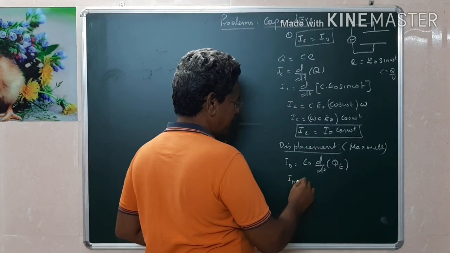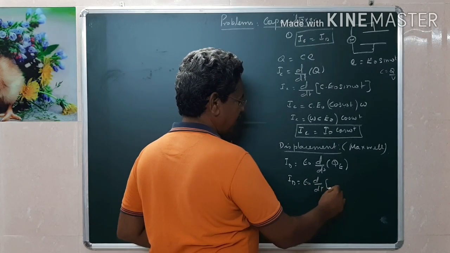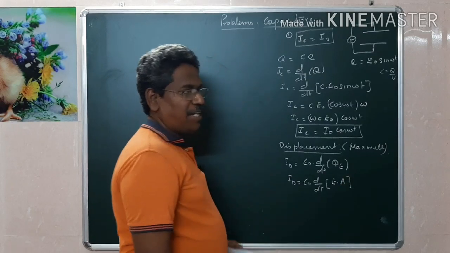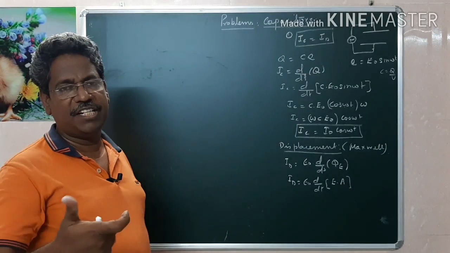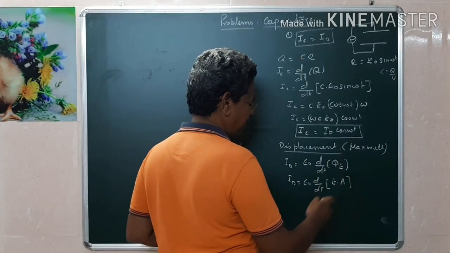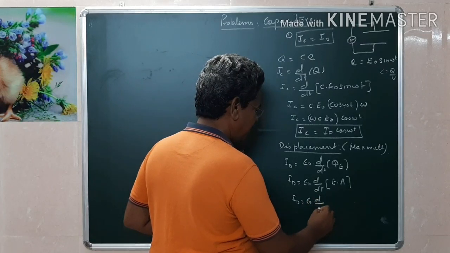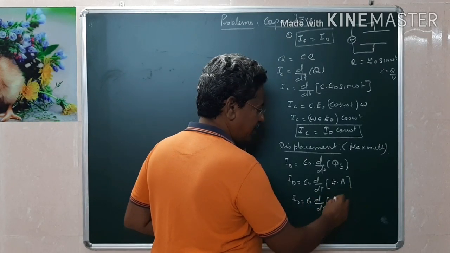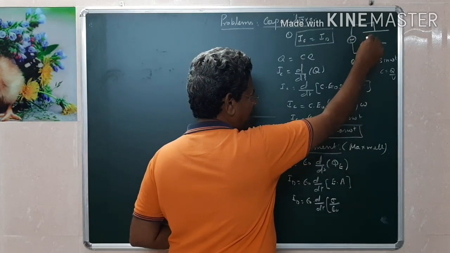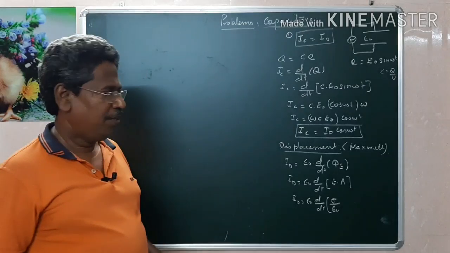Therefore, displacement current can be written as epsilon naught into d by dt of the electric flux, which is equal to electric field into area. Just like magnetic flux is magnetic induction into area, similarly we write electric flux equal to E into area. Then ID can be written as epsilon naught into d by dt of E into A, where E is equal to sigma by epsilon naught, for a capacitor with two plates filled with air.